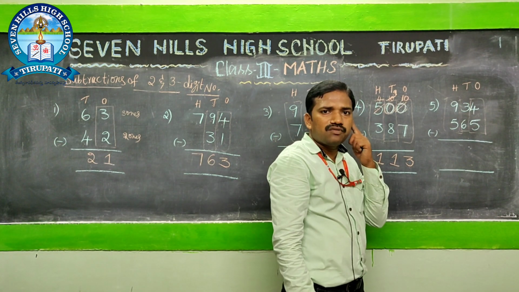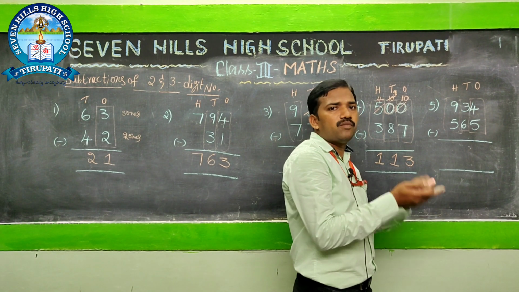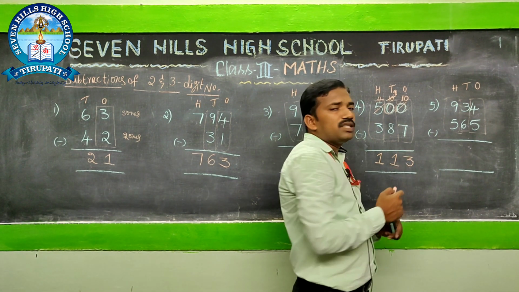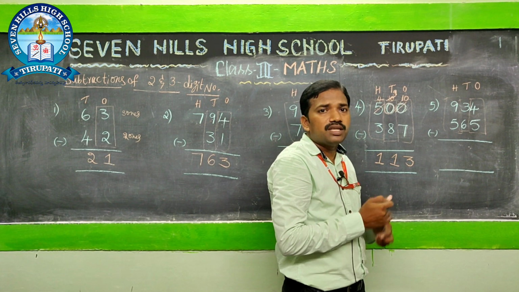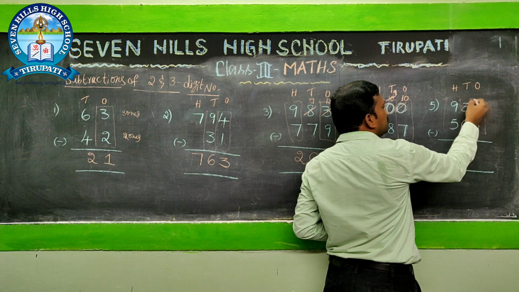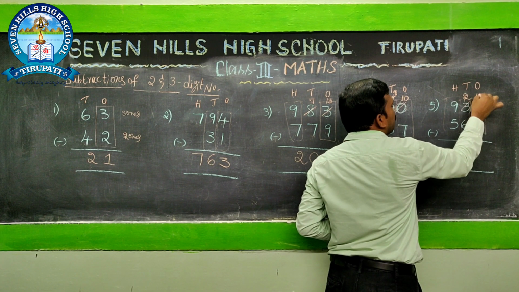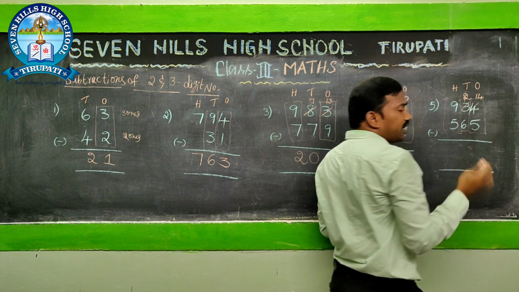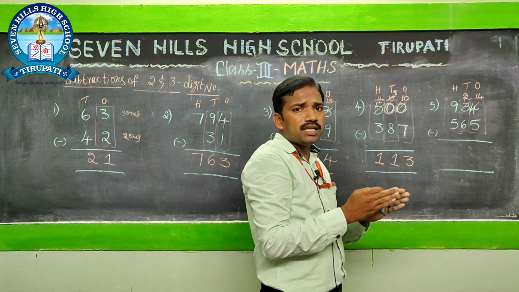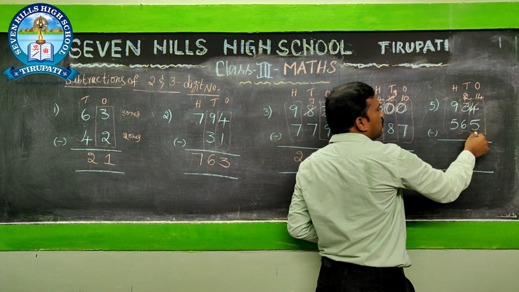So what do we do? Take borrowing from the tens column. Giving 1 to this, it becomes 2 and it becomes 14. 14 means 1 ten and 4 ones. 14 minus 5, how much?